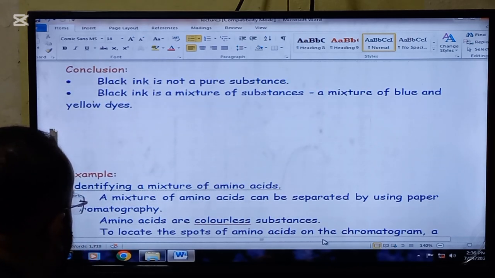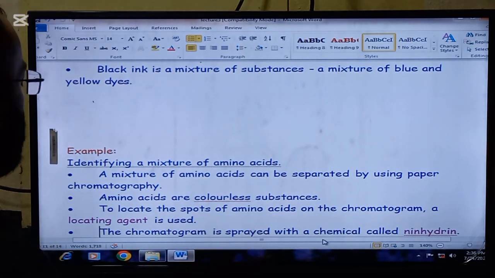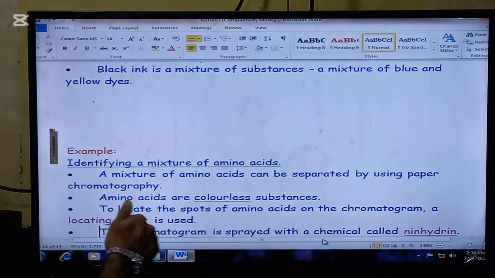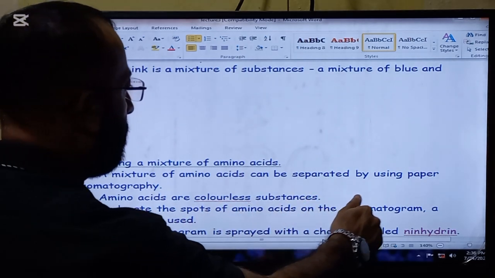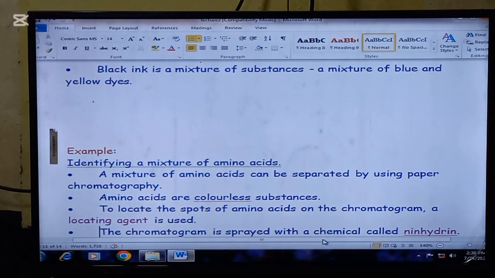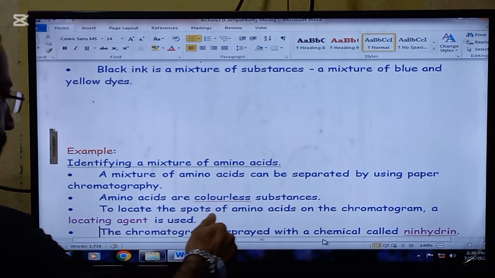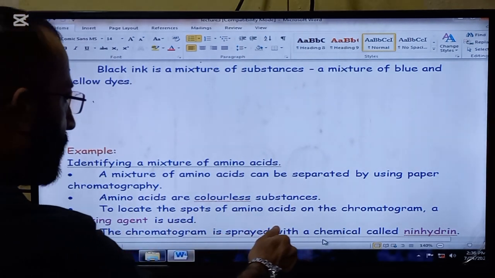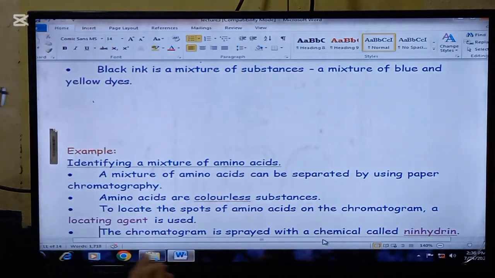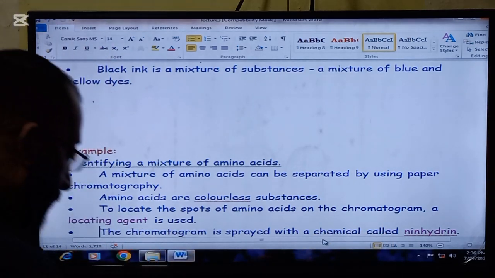Okay, the next example in paper chromatography is identifying a mixture of amino acids. A mixture of amino acids can be separated by using paper chromatography. Amino acids are colorless substances. To locate the spots of the amino acids on the chromatogram, a locating agent is used.